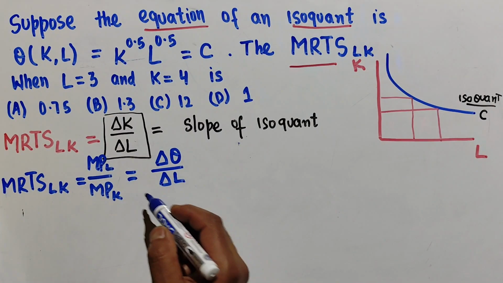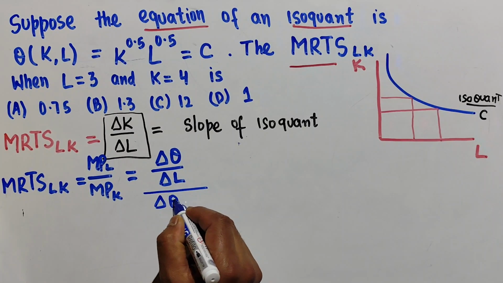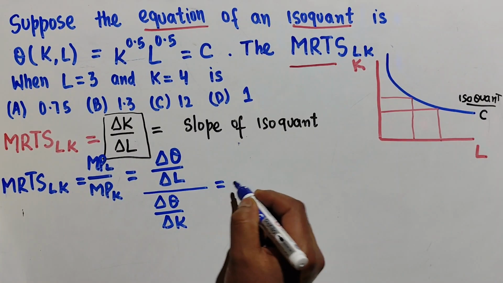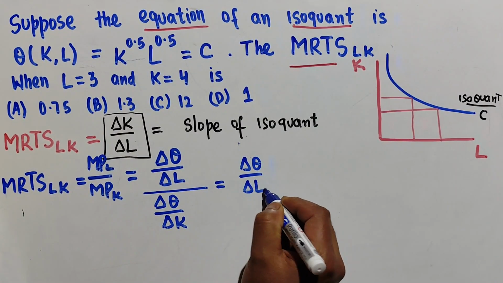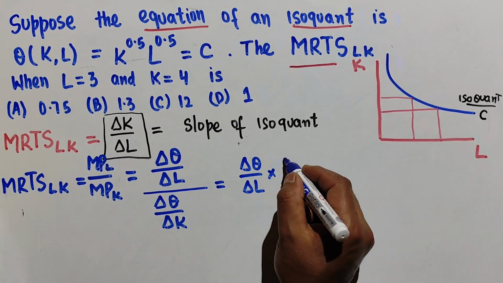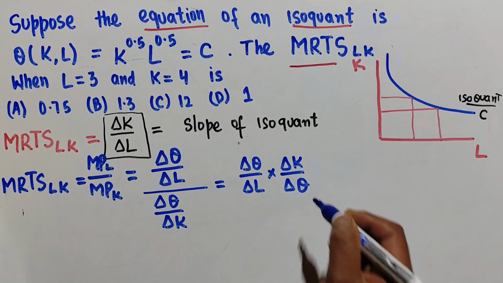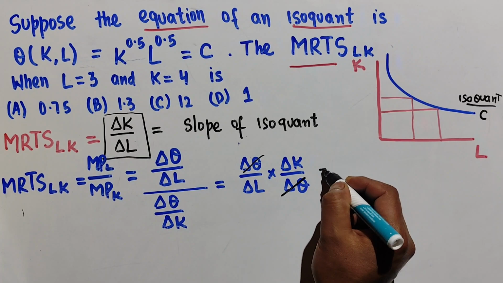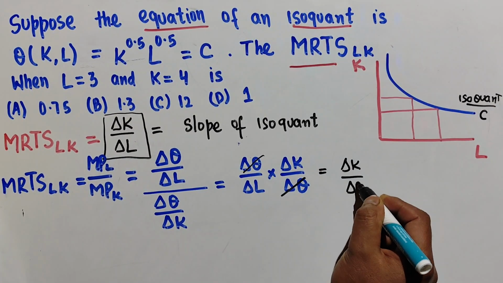Okay, and similarly, what is the MPK? That is the change in output due to the change in the capital. When we solve this, it becomes del Q upon del L, and when I transpose it, it becomes del K upon del Q. Okay, so this del Q and del Q get cancelled. We are left with del K upon del L.